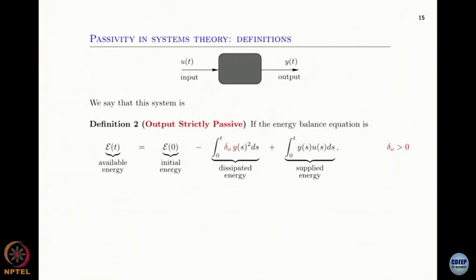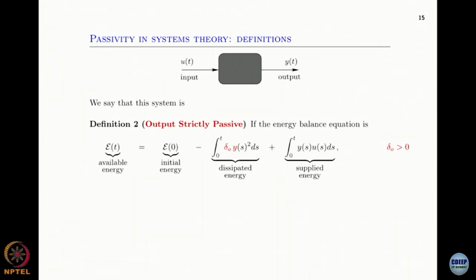We're going to say that the system is output strictly passive if the energy balance equation looks like this. So not only do I have the initial energy and the supplied energy, but some energy was dissipated and just went somewhere else. I don't know where, but just into heat or whatever, as I explained before.